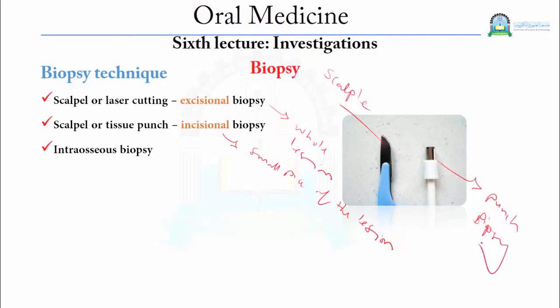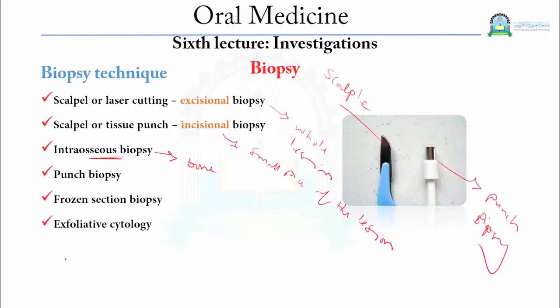There is also an intraosseous biopsy, in which we will take a piece of tissue from bone. Punch biopsy, as we mentioned. Frozen section biopsy, where the tissue to be biopsied is frozen first.